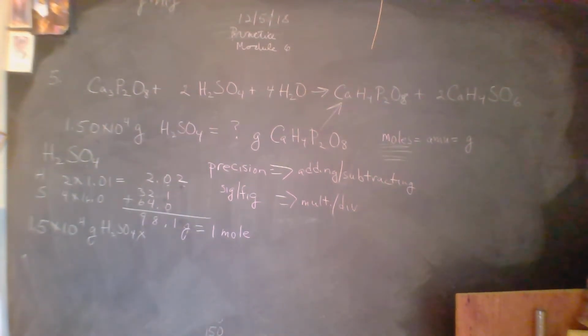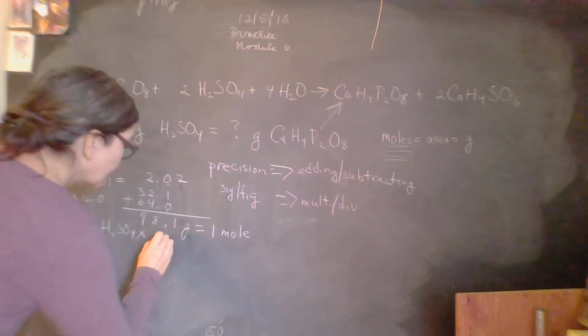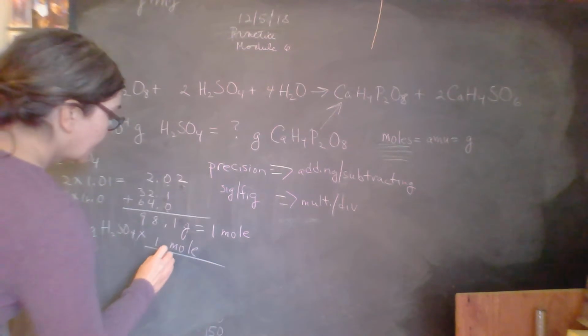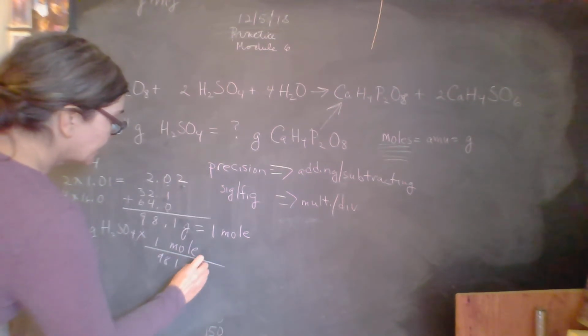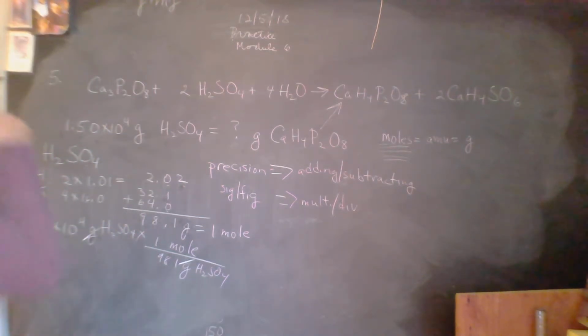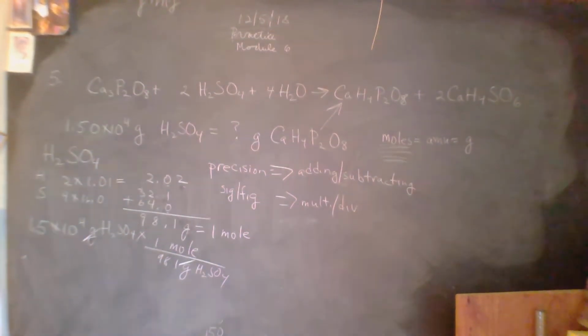I'm going to make you figure it out. What do we want? We want moles. So you're going to put moles in the numerator. Times 1 mole of H2SO4 per 98.1 grams of H2SO4. Grams cancel. We're going to end up with moles. That's what we want.